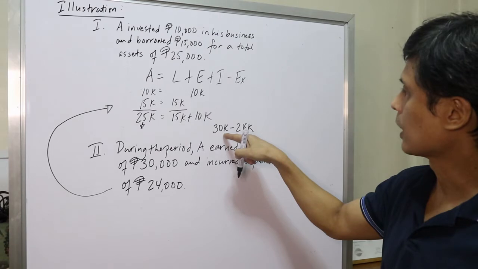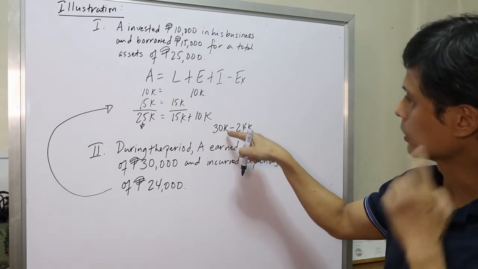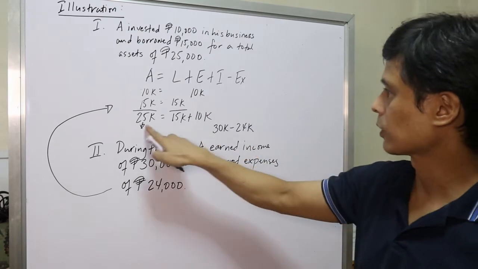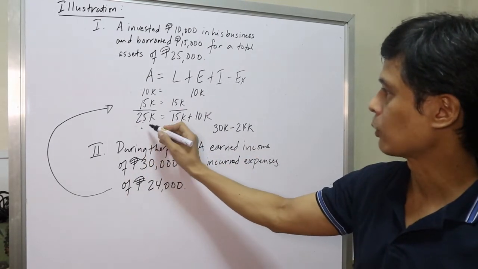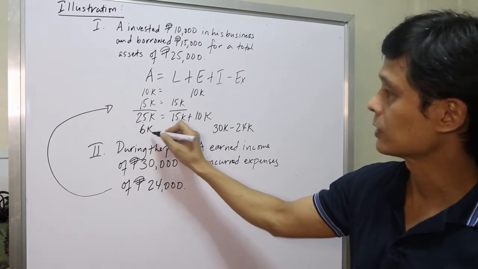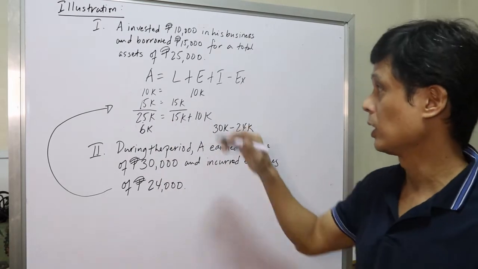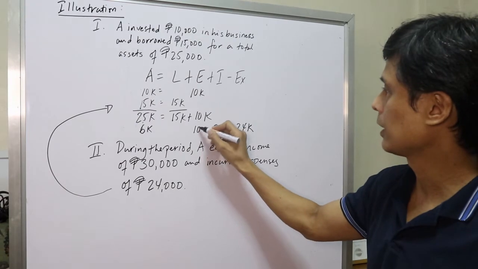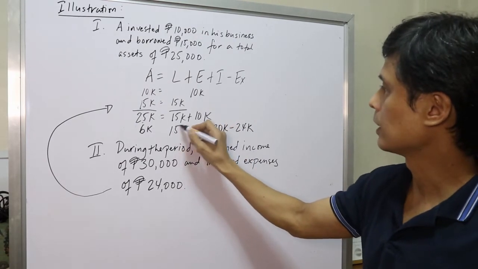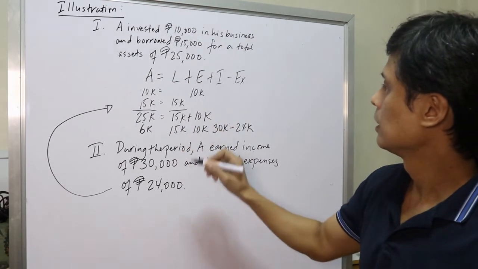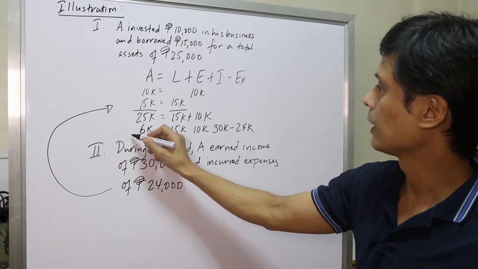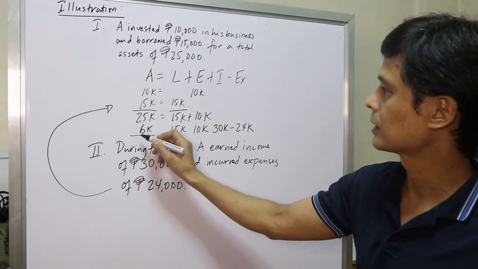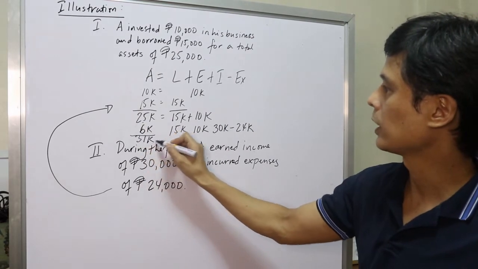Ayan. So if we will bring down lahat ng mga amounts from here, kukunin natin yung difference nito, 30,000 less 24,000 is 6,000. So plus 6,000, nadagdagan ng 6,000 yung assets niya. So ito naman, i-bring down lang natin to, 10k plus 15k. Okay, so if we get all the total here, this would be 25 plus 6 would give you 31k.